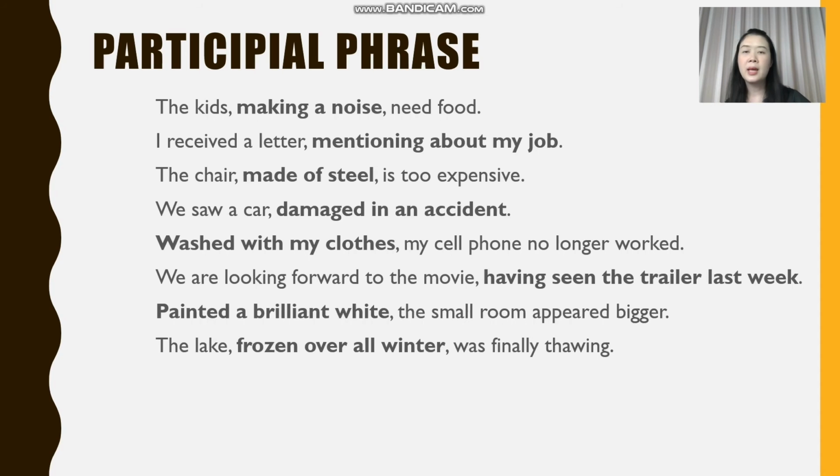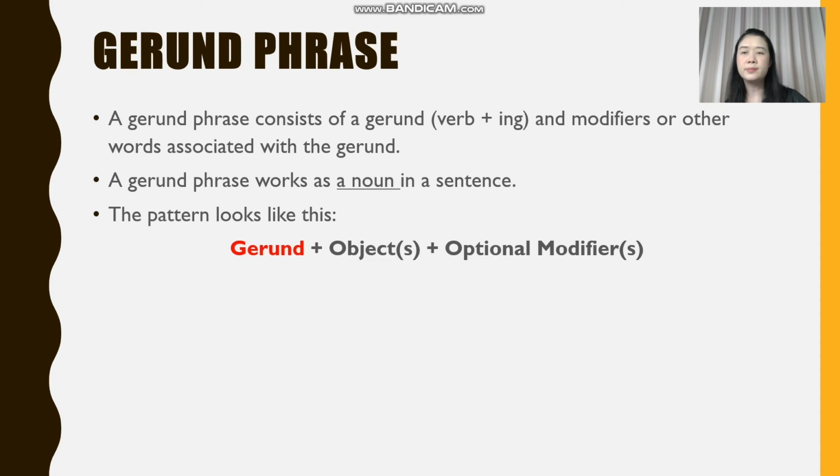Okay. Next one, that is gerund phrase. I think that everyone knows that the form of the gerund is -ing. So how are they different if we compare to the participial phrase with verb -ing?